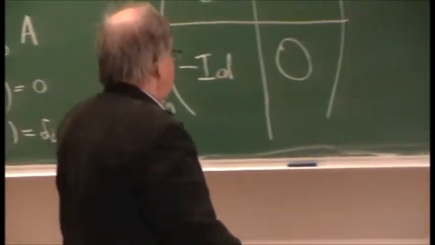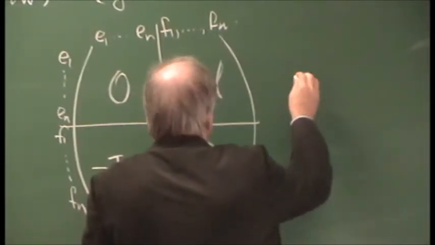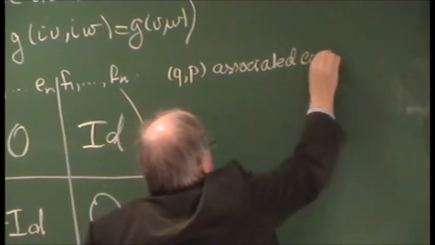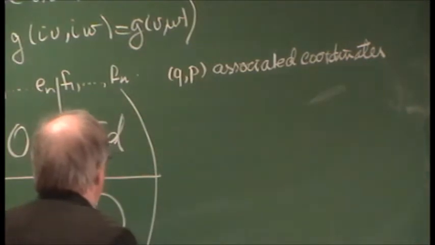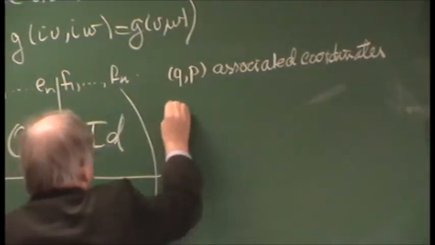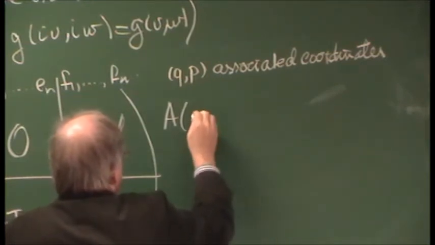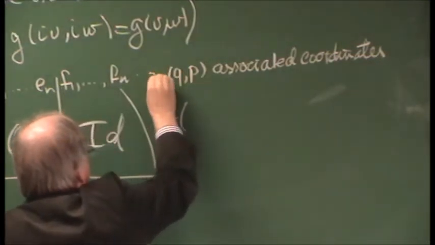So if you let x and y be coordinates, or I don't care, p and q, why not? q and p associated coordinates. Then A of (q, p), well, this is, let me write this as some big coordinate x.